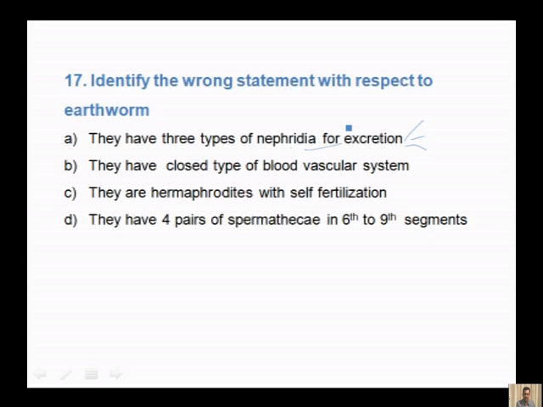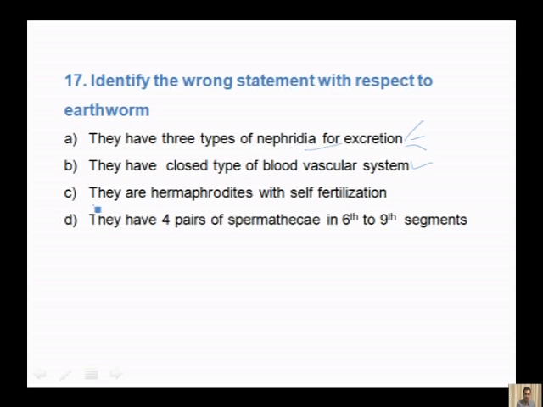Second one is they have closed type of blood vascular system. Yes, in earthworm you can see the closed circulatory system. Transportation takes place through the blood vessels. Option C, they are hermaphrodites with self-fertilization.